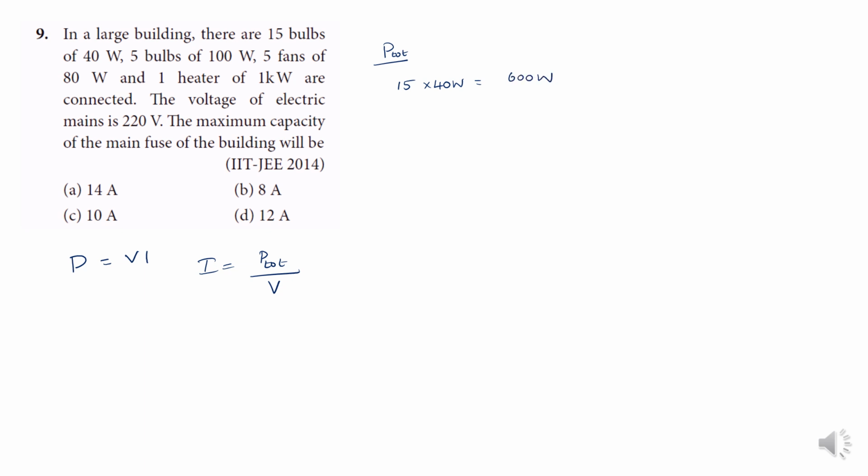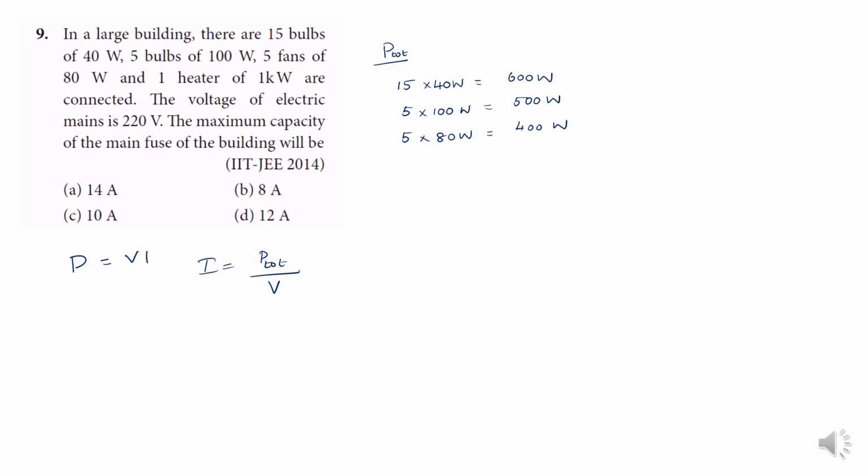And then there were 5 bulbs each of power rating 100 watts. So this is 500 watts. And then 5 fans each of power rating 80 watt. So this comes around 400 watts.